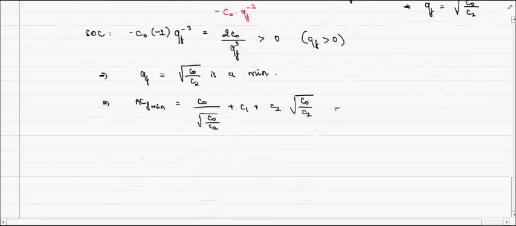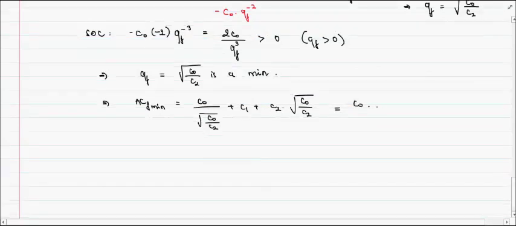If I simplify this, this is C0 times square root of C2 on square root of C0, plus C1 plus C2 times square root of C0 divided by square root of C2.